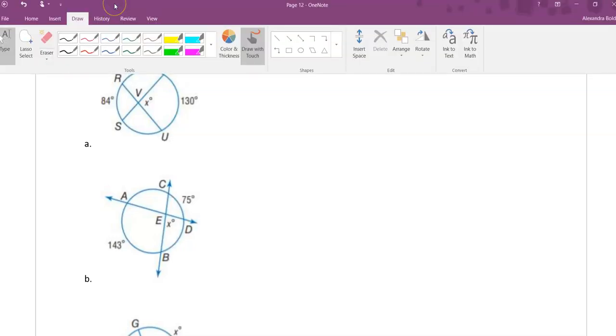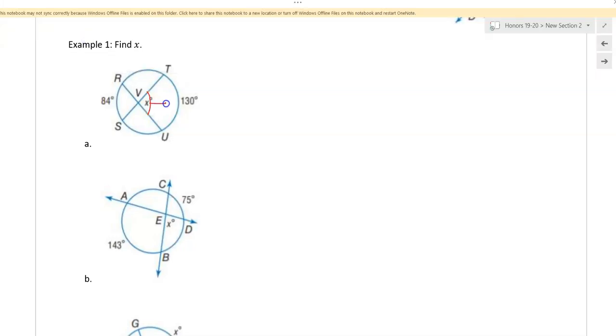Here's our x. So it's this angle and that angle that we're adding up. So the measure of the angle is equal to half of, I'm going to start by saying big arc plus small arc, because in our next theorem it matters.